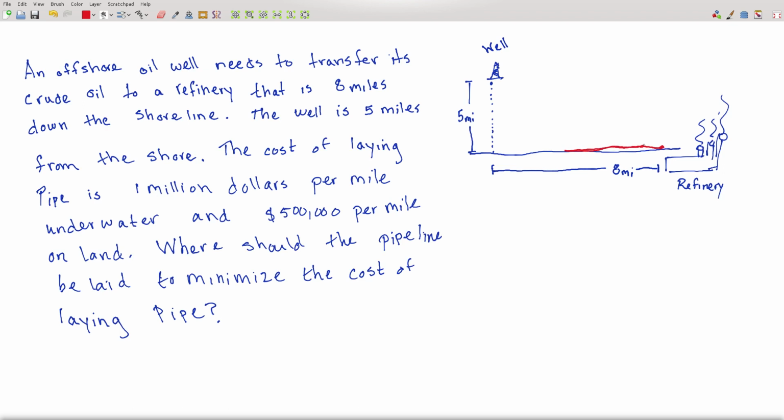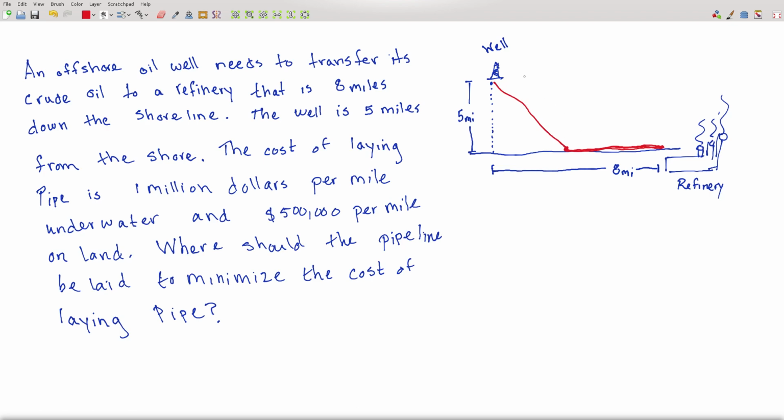I actually would like to make it as straight as possible, but okay, and at some point, I don't think we would go along the shore all the way and then go out to sea. At some point we want to start building that pipe underwater so we can go straight to the well. So there's actually these two different parts of the pipe.